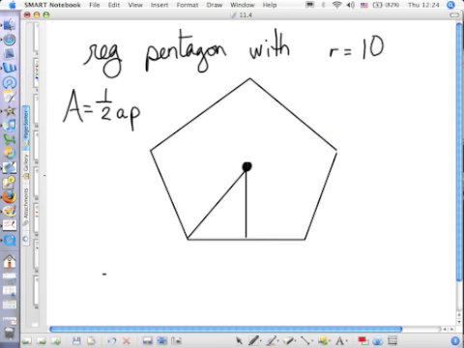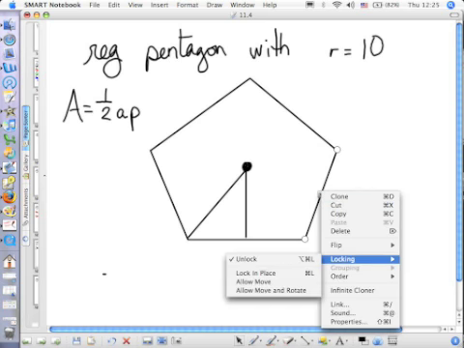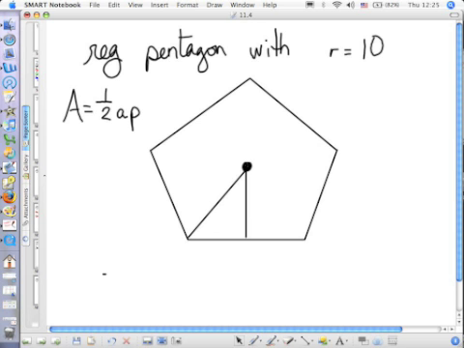We are going to look for the area of a regular pentagon. Now this time we're told that there is a radius of 10. So when I draw my pentagon and I draw my radius and my apothem, this is 10.